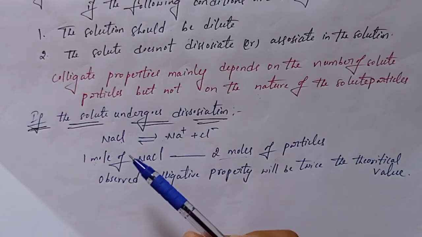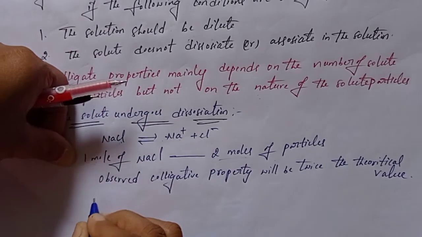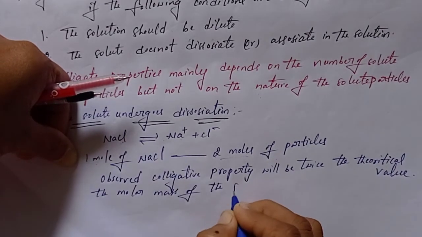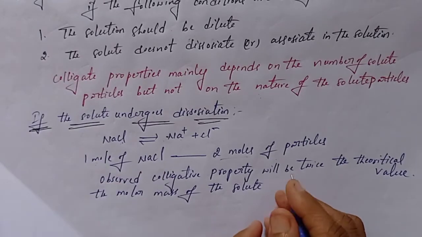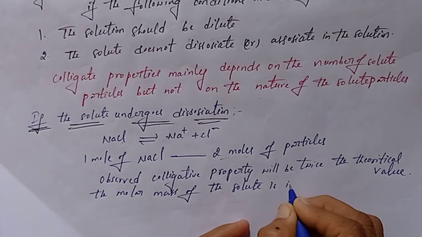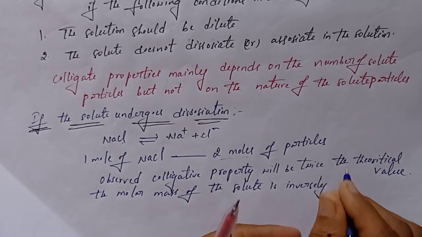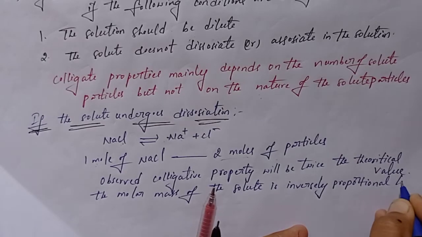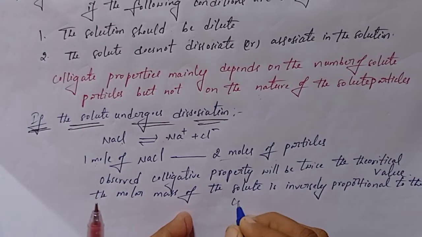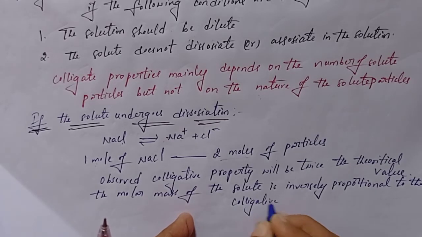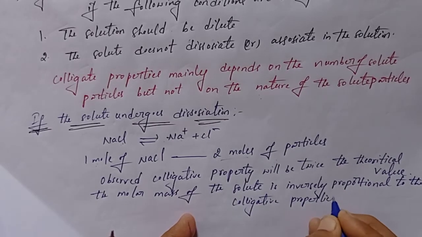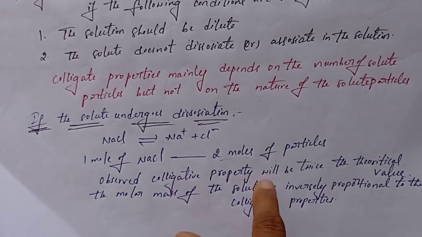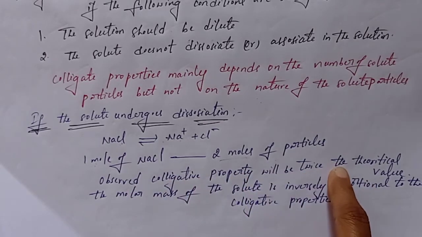So that means we can say that the molar mass of the solute is inversely proportional to the colligative property, students. Understood? So the observed colligative property will be twice the theoretical value.